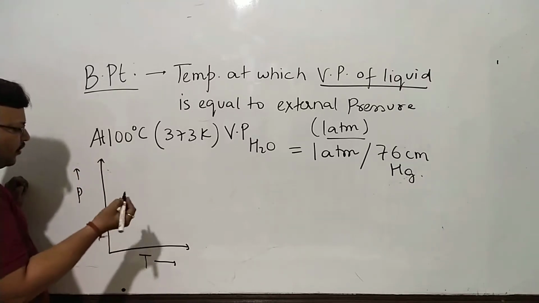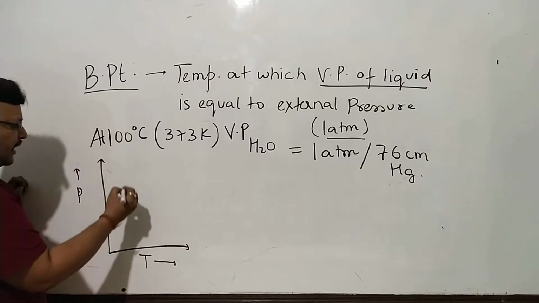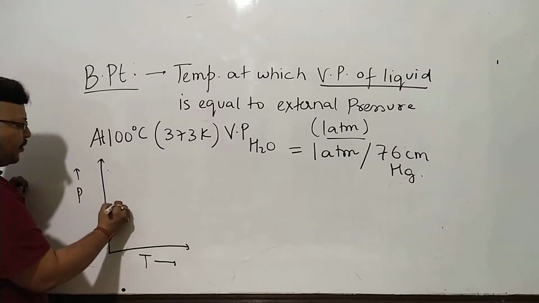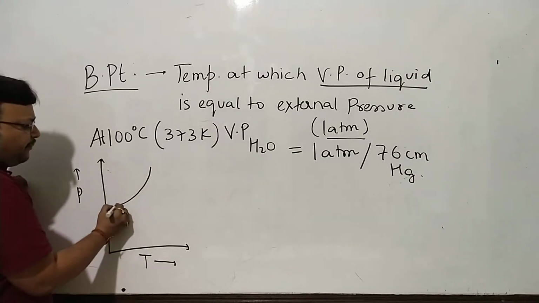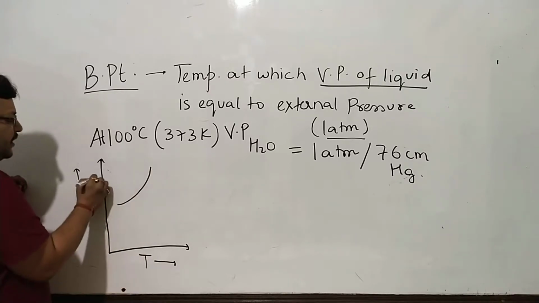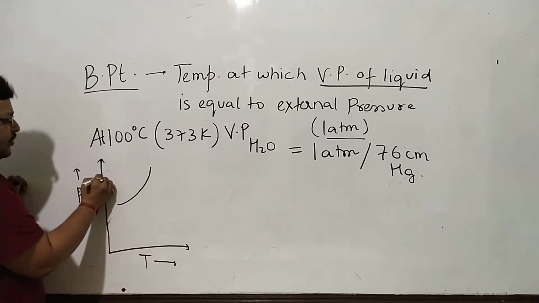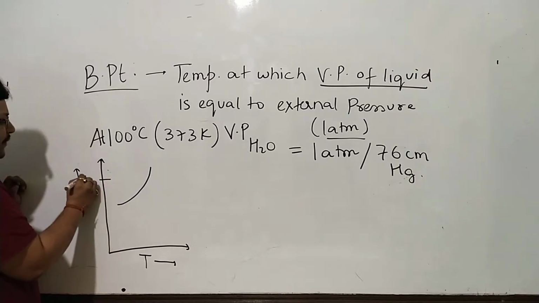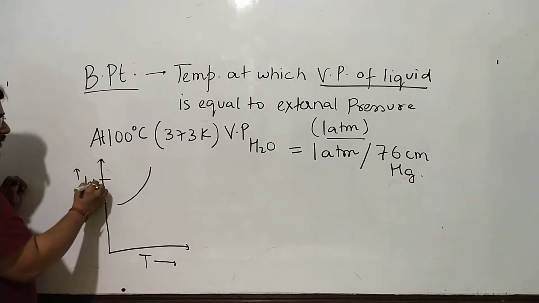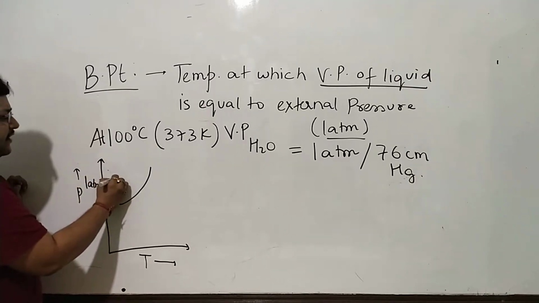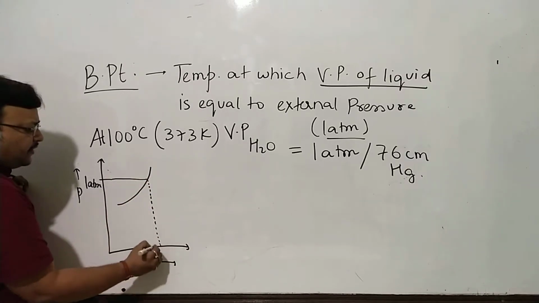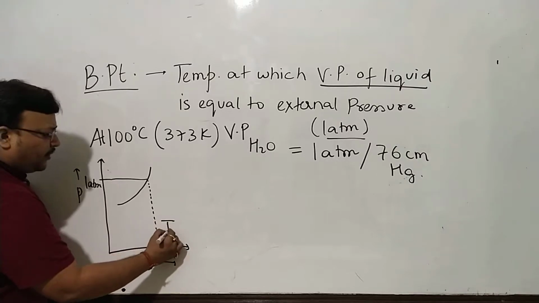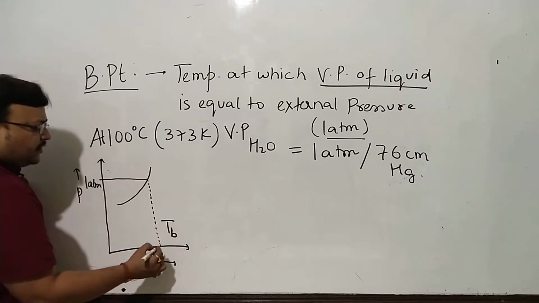Now normally if you have a plot like this, say for a pure liquid, and if this is equal to pressure 1 atmosphere, then certainly the corresponding temperature would be called the boiling point.